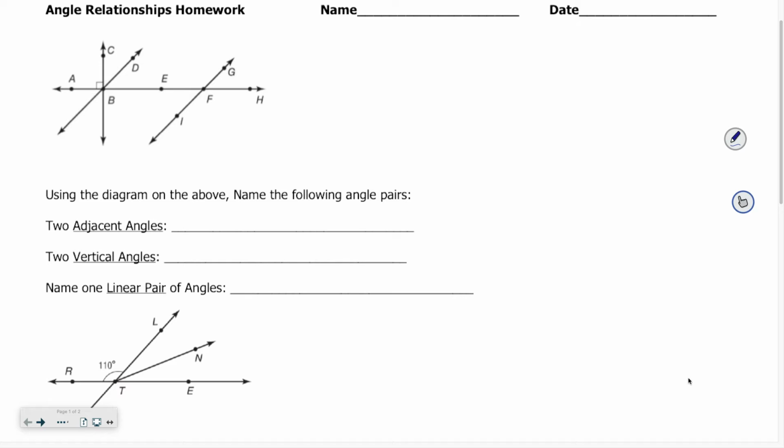You need to look in your little flip book, that's fine. You're looking at the top picture. You're naming 2 adjacent angles, and you need to think to yourself, how do I name an angle? Don't answer me out loud right now. Look at that picture and answer the first 3.